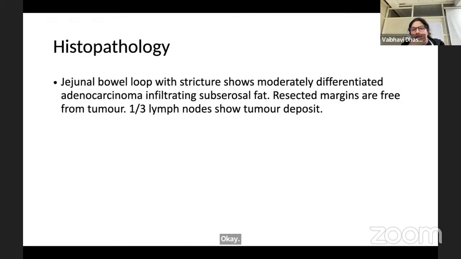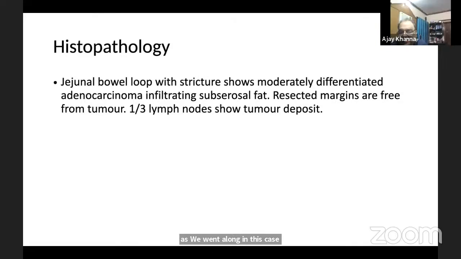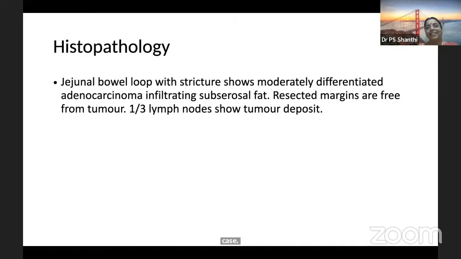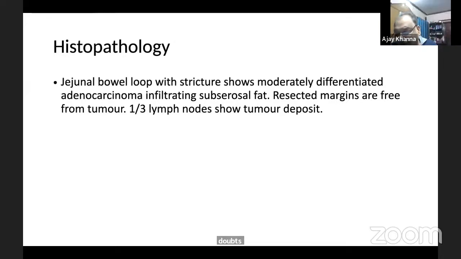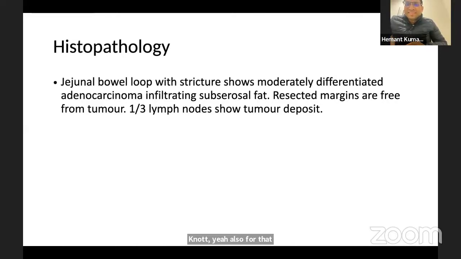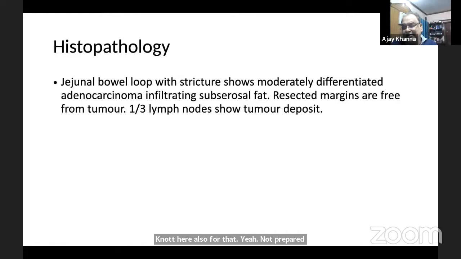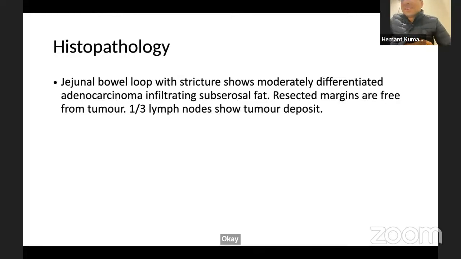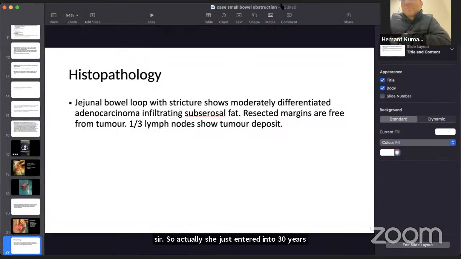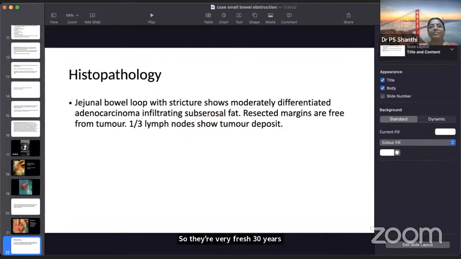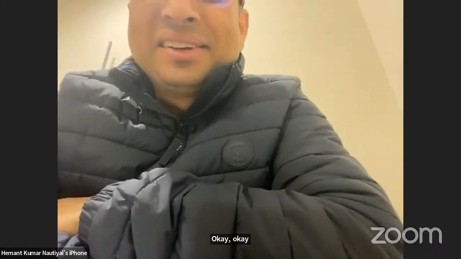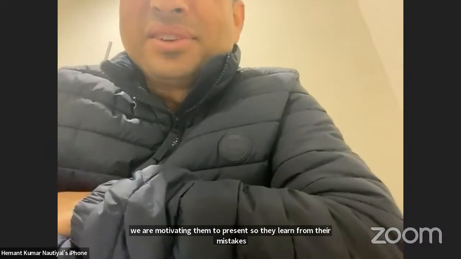I think everything was cleared up as we went along. Thank you. You did well, and I must compliment the other doctor also for preparing the case. She just entered into third year, so they're very fresh. We are motivating them to present, so they learn from their mistakes, in the presence of so many senior teachers. Thank you very much, sir, for your contributions. And ma'am, thank you very much.